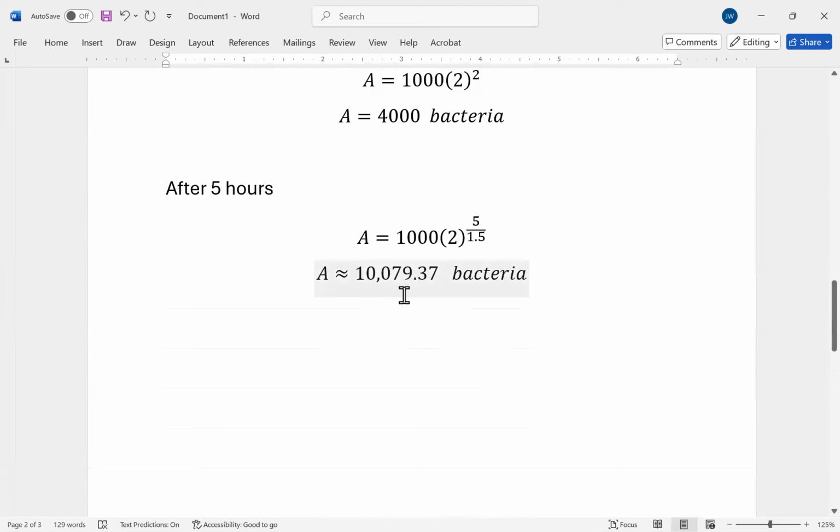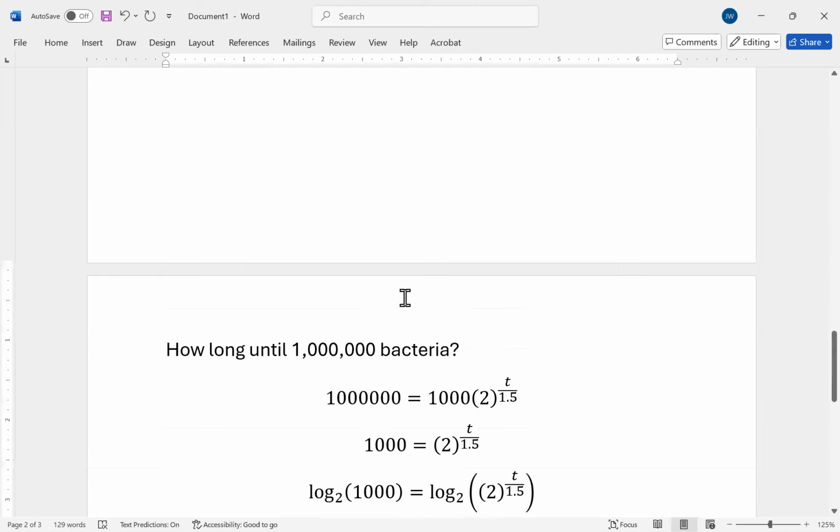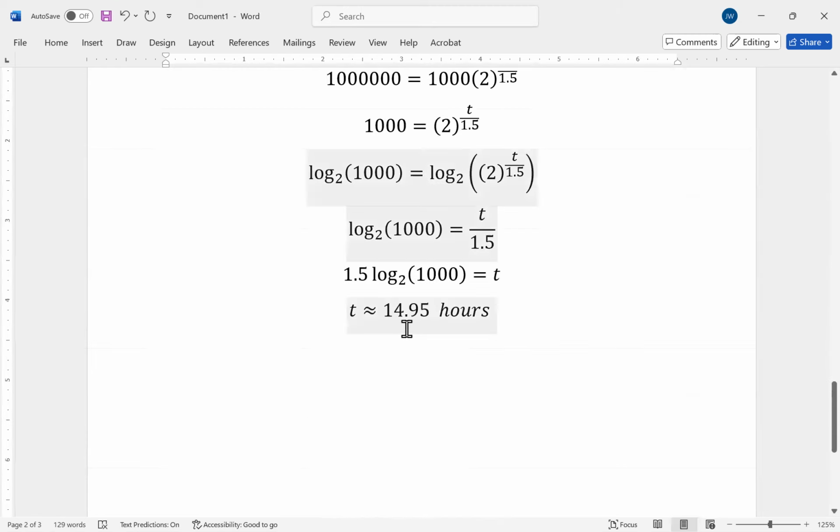Some people may round this to the nearest whole number of hours, or some people might want you to write it down in hours and minutes and seconds. In any case, just adjust this if needed as far as rounding goes.